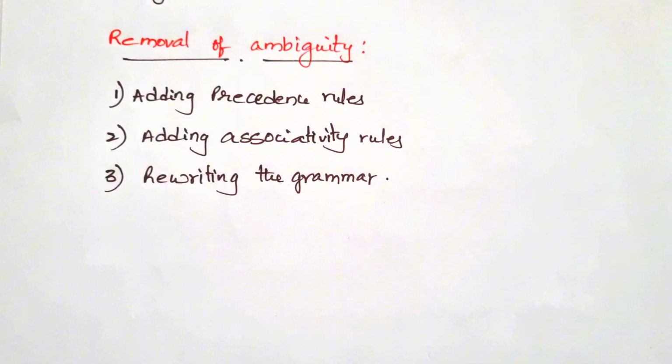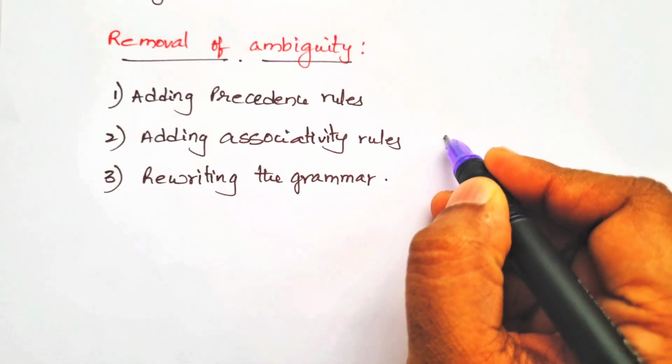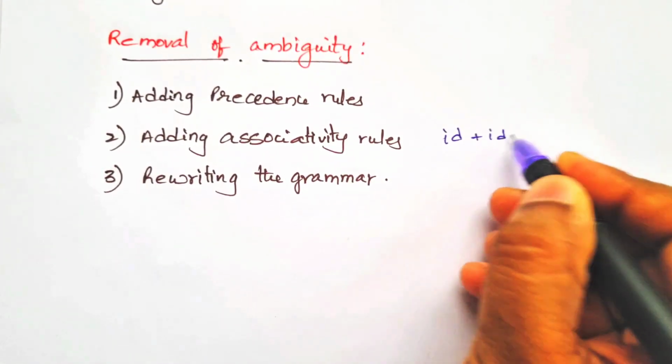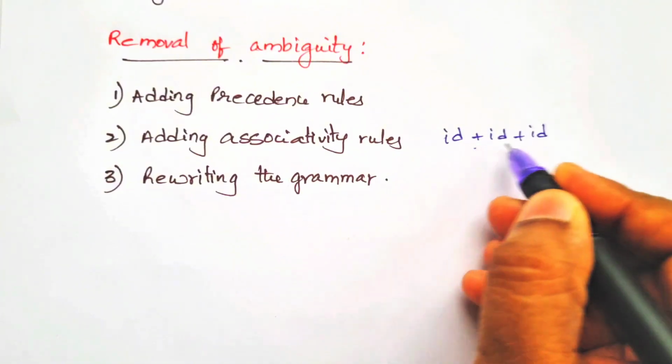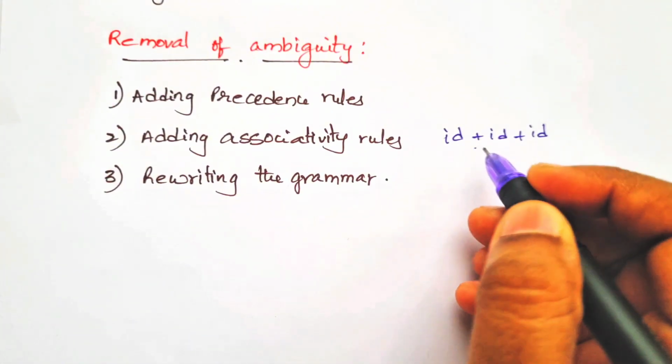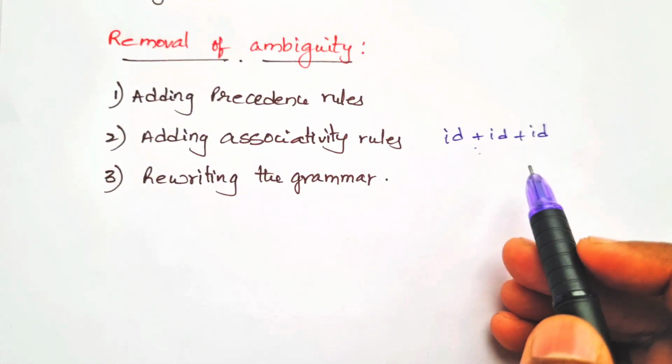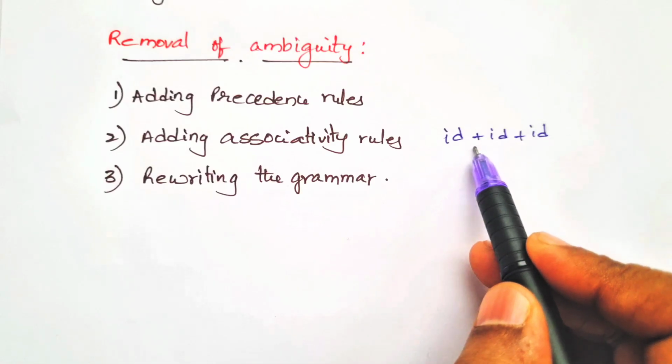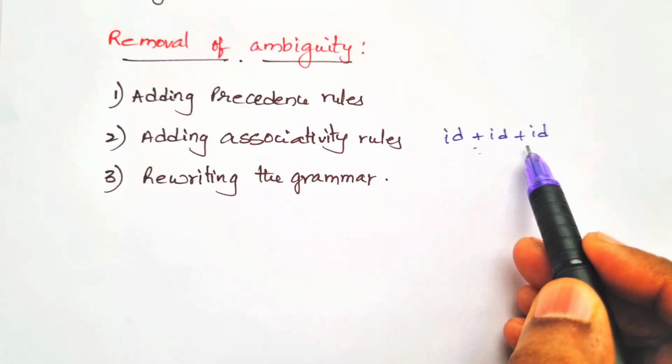Second rule, adding associativity rules. This specifies the order of evaluation when operators have the same precedence in an expression. Something like this, ID plus ID plus ID. Which plus must be performed first? Actually, the plus operator doesn't show a difference whether you perform this plus or this plus first.